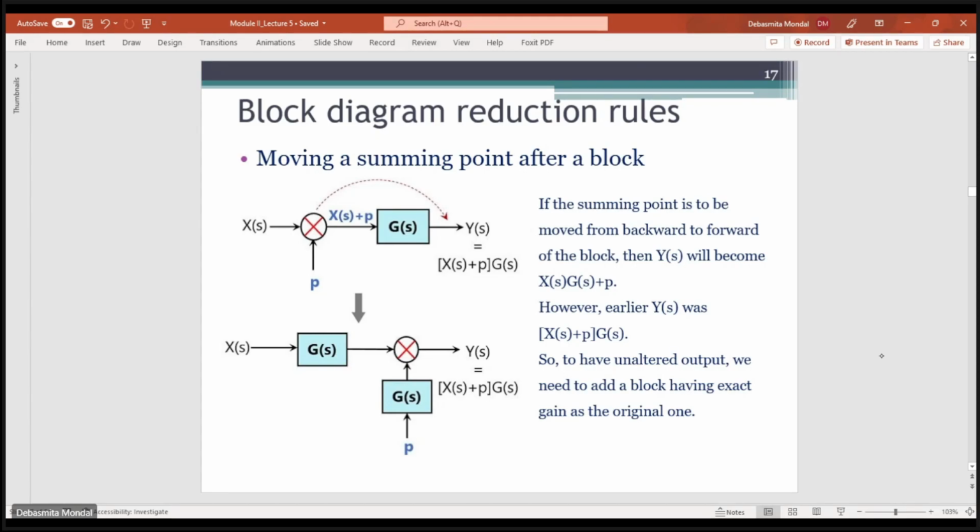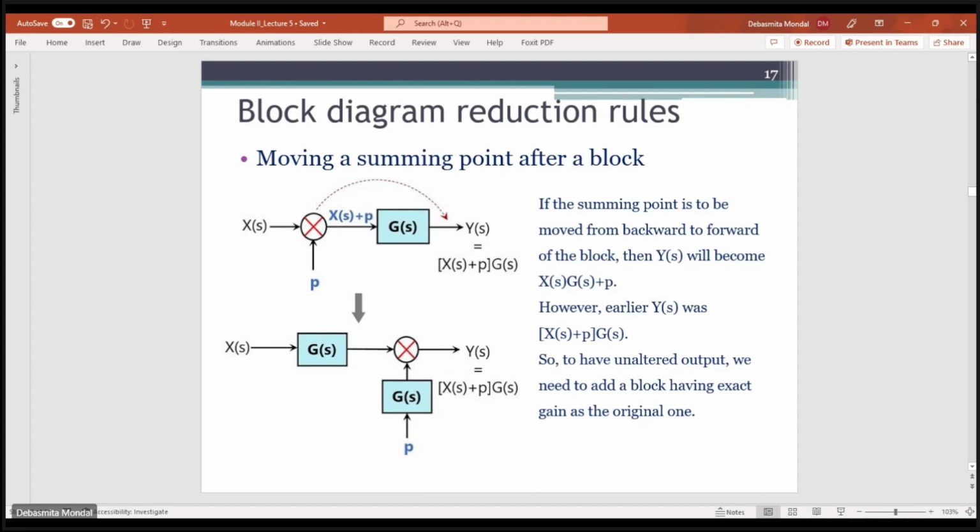Now if I want to move this summing point over here, X(s) will become the input to this G(s) block, and that output added with P and something should give you the value of Y(s). So in this case, if you are moving it after a block, you have to add a block equal to G(s), which is the transfer function of the block after which you are taking the summing point, so that the overall output remains the same.